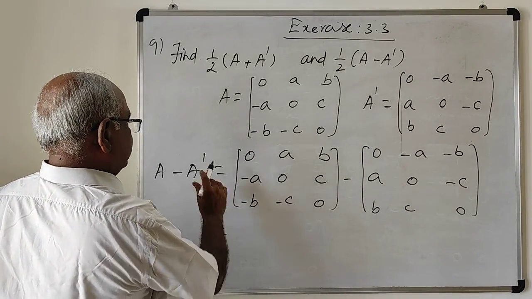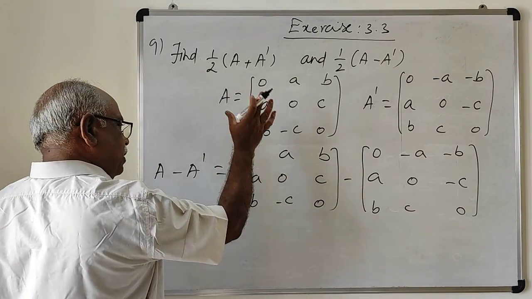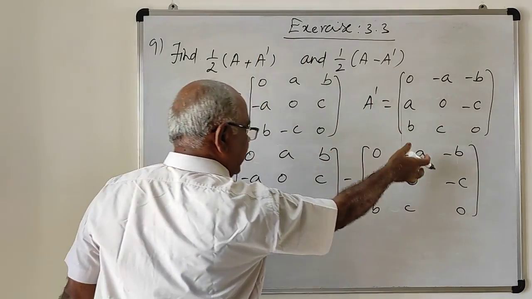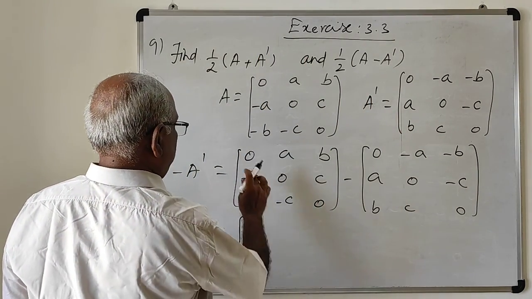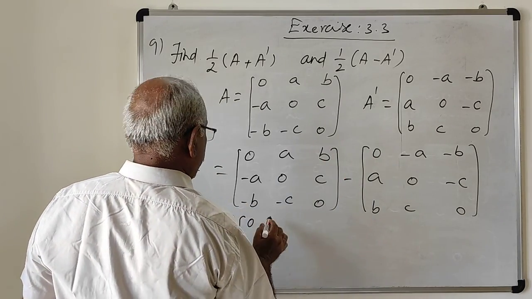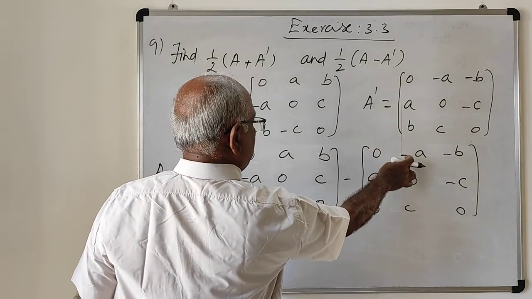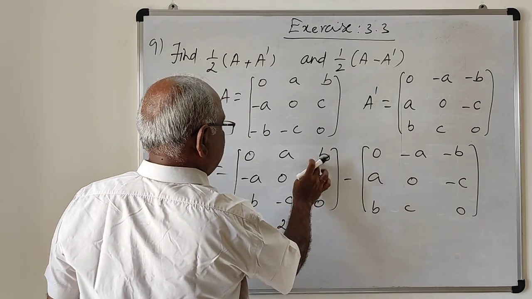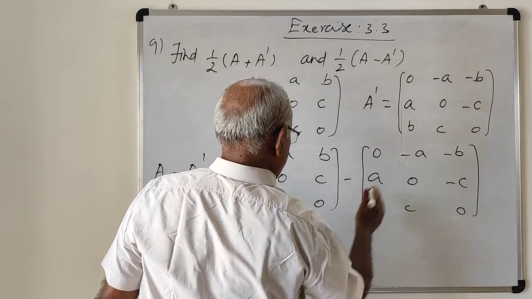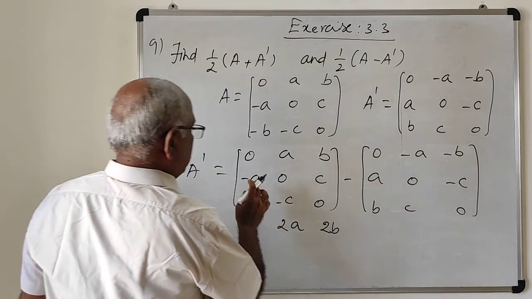A minus A dash: subtracting the elements of A dash from the elements of A. 0 minus 0 is 0. a minus of minus a is a plus a, which is 2a. b minus of minus b is 2b.